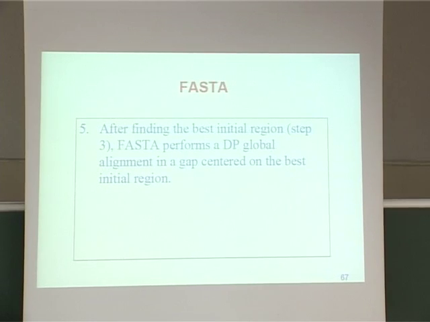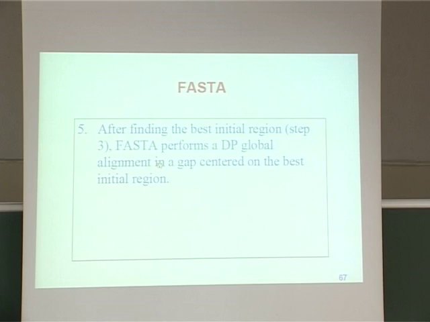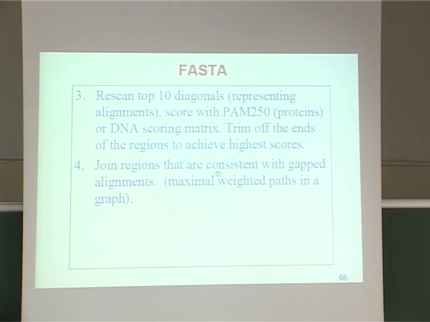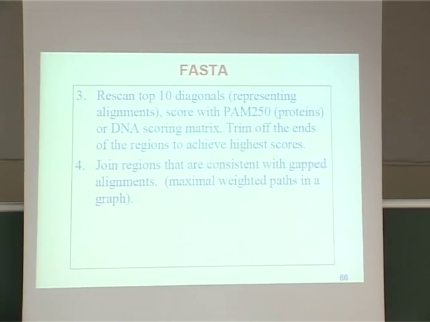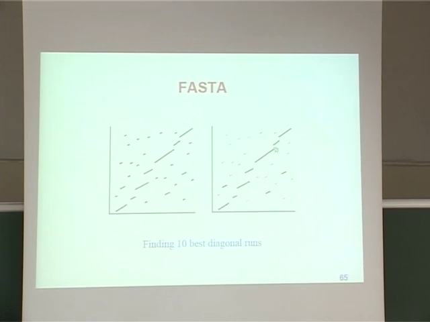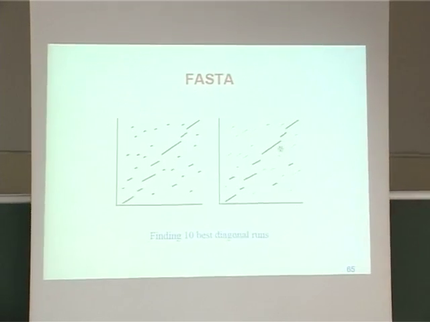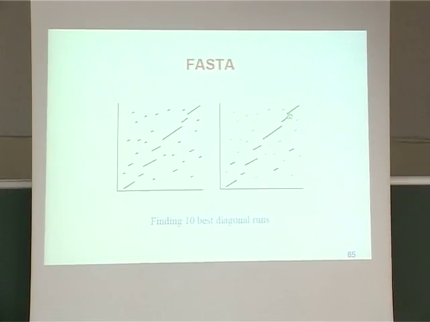This is done after finding the matches, by looking at neighboring local diagonals. If we can put a small number of gaps in between them, they can be joined, like this, for example. Look at here. These two regions can be joined if we have a small gap here. Similarly, these two regions can also be joined.